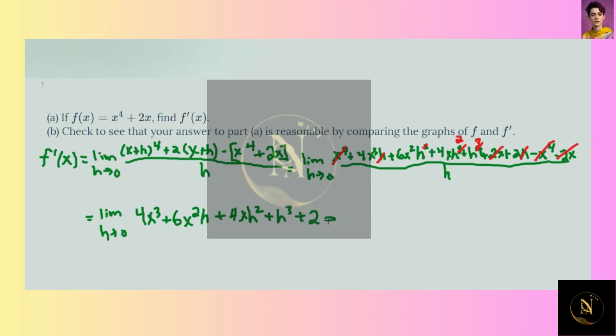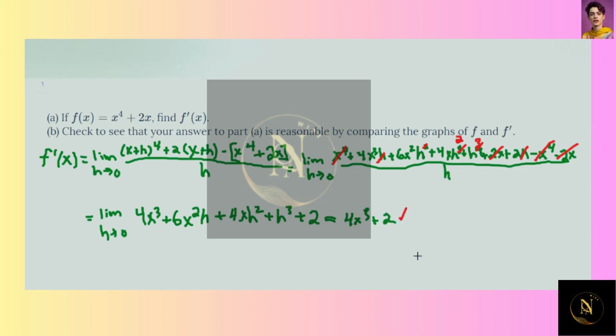Now as h approaches 0, each of these h terms approaches 0, so those go away, and we should be left with 4x cubed plus 2. And this will indeed be our derivative, f prime of x.